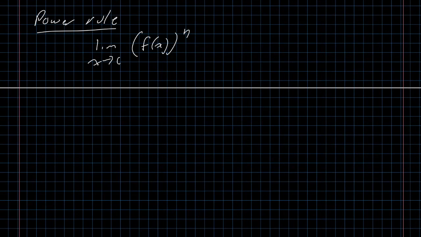The next rule is the power rule. Again, we're going to look at any real valued function f and take the limit as x approaches c of f of x raised to some power, I'll call it n.